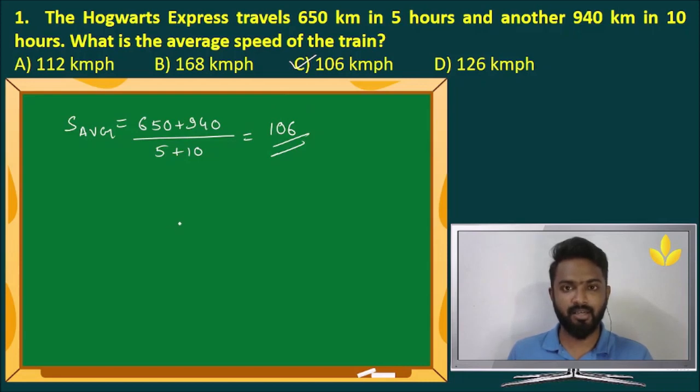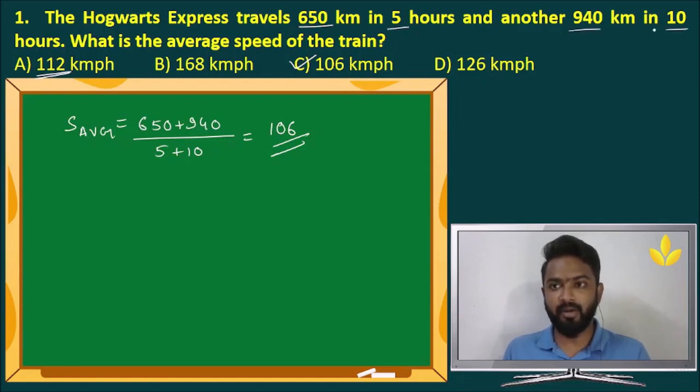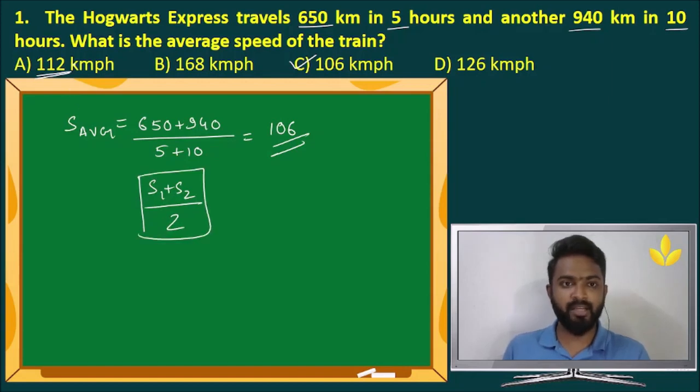That is C. Now I'll tell you why 112 is given in the options. A lot of people find the individual speeds, that is 650 divided by 5 and 940 divided by 10, and then think that average speed is like any other average, that is speed 1 plus speed 2 divided by 2. They use this formula and end up getting A as the answer, which is obviously wrong.